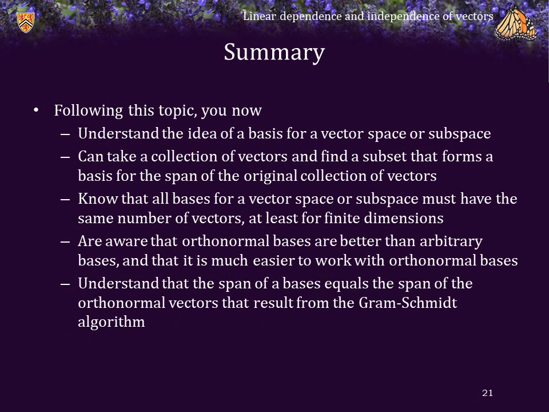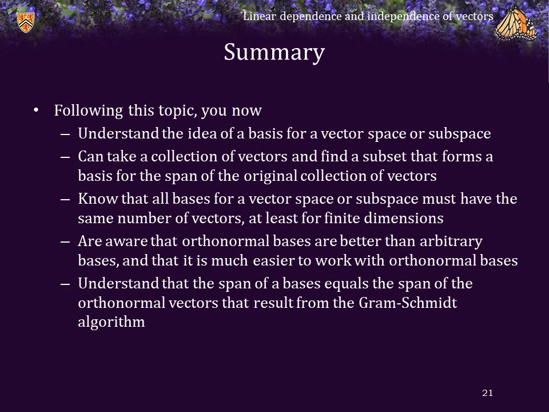So, following this topic, you now understand the idea of a basis for a vector space or a subspace. That is, a collection of linearly independent vectors, the span of which is that vector space or subspace. You can take a collection of vectors and find a subset that forms a basis for the span of the original collection of vectors.